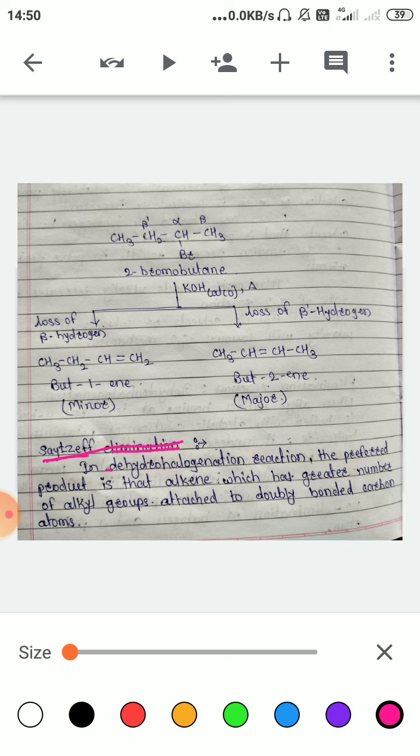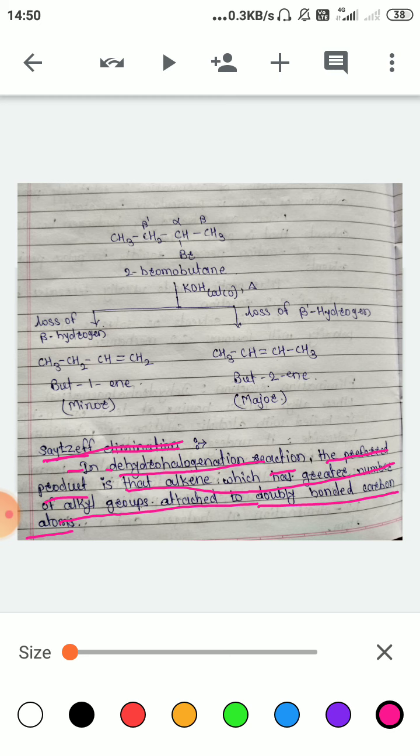Now we are going to consider only alkyl halides, therefore particularly it is mentioned here as dehydrohalogenation. We can write dehydration also, or any other elimination reaction also. So the statement for the elimination of alkyl halides is that in a dehydrohalogenation reaction, the preferred product is the alkene which has the greater number of alkyl groups attached to the double bonded carbon atom.